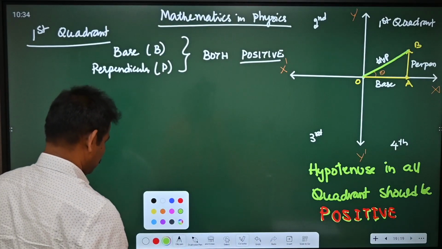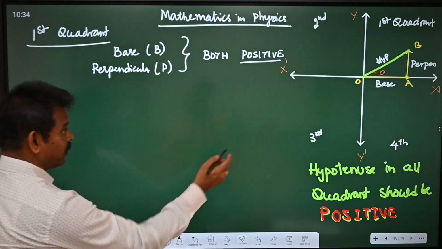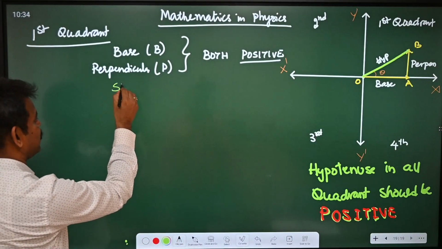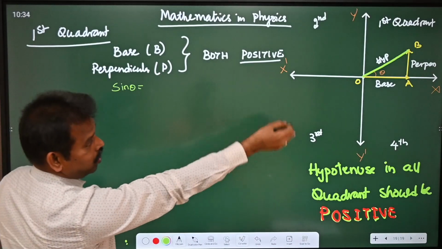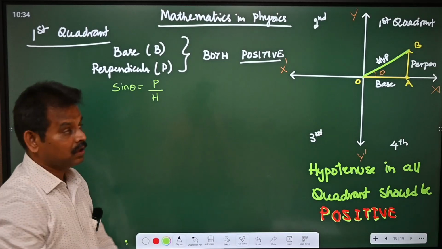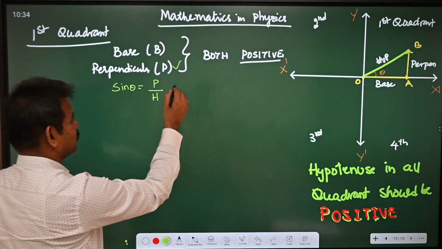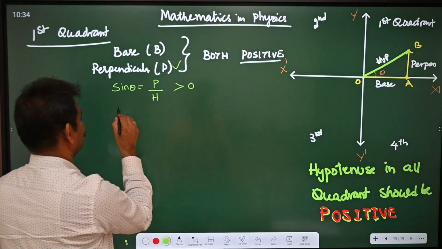Now, if you want to write down, this is sine theta in the first quadrant. Sine theta is equal to opposite side, that is perpendicular by hypotenuse. We know perpendicular is positive, hypotenuse is always positive. So this is greater than 0.